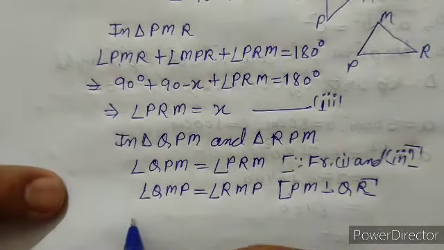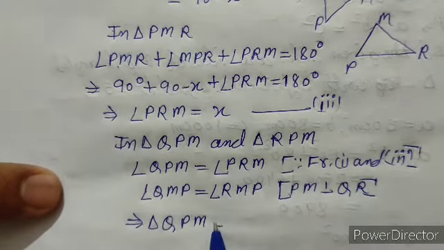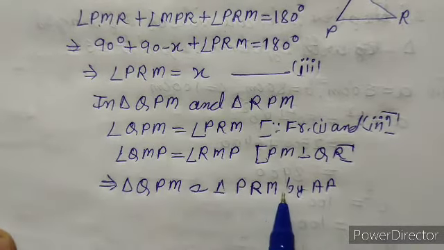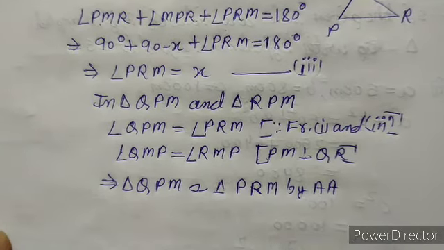That means triangle QPM will be similar to triangle PRM by angle criteria of similarity.